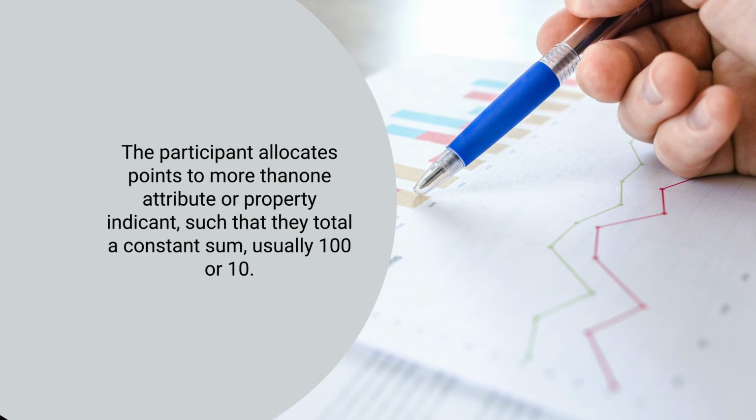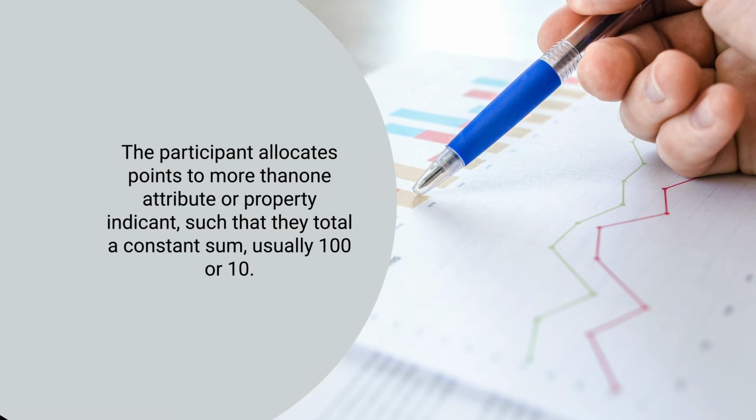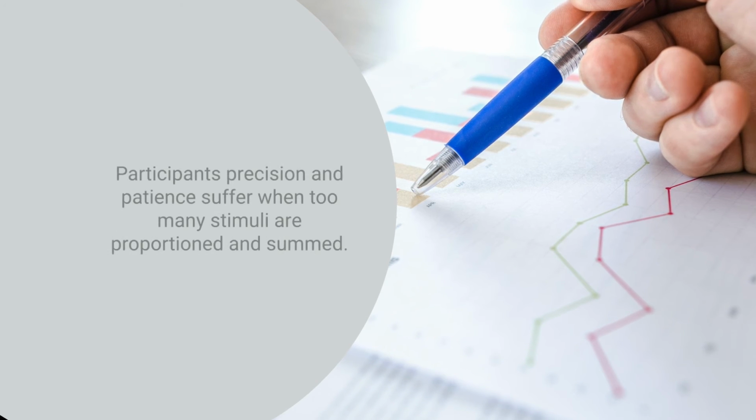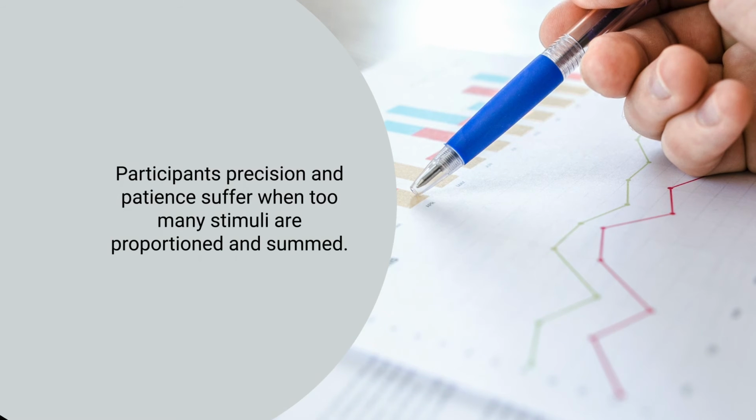The participant allocates points to more than one attribute or property indicant such that they total a constant sum, usually 100 or 10. Participant precision and patience suffer when too many stimuli are proportioned and summed. So there must be a certain model where we have to avoid too many stimuli, because if the parameters are 3, 4 or 5, I think it's better to judge, otherwise a big issue will come up.